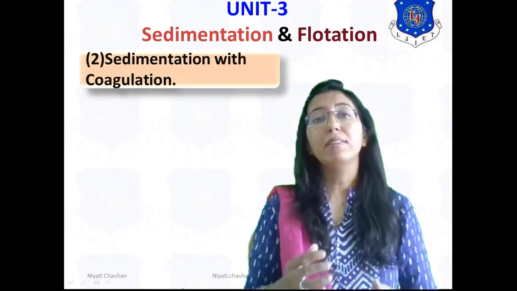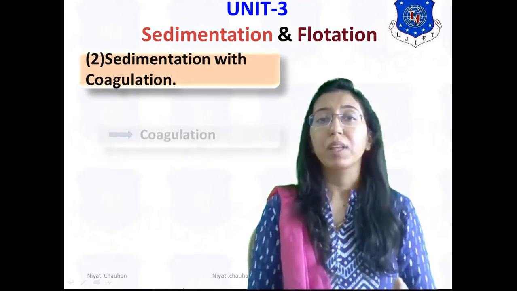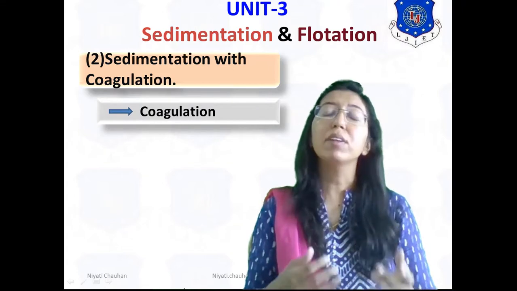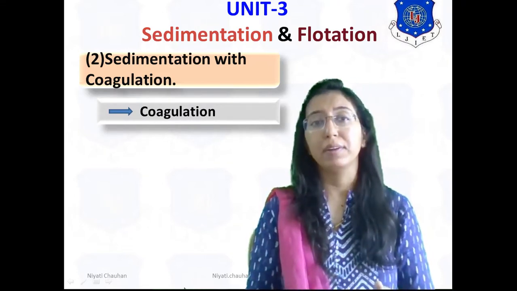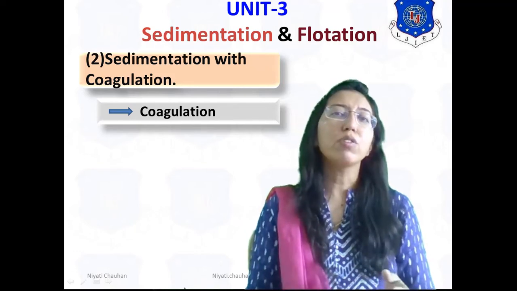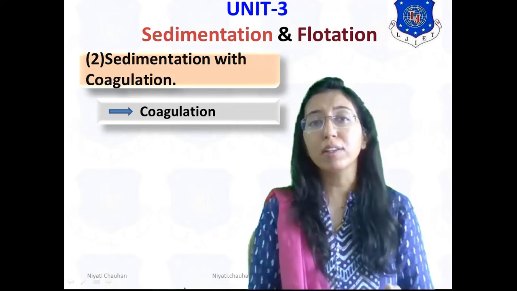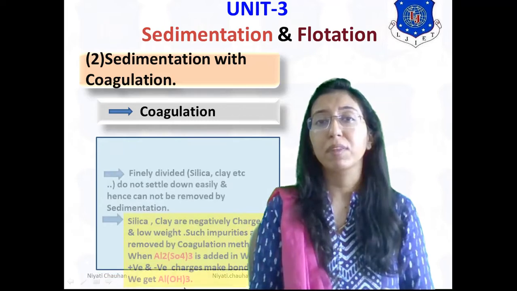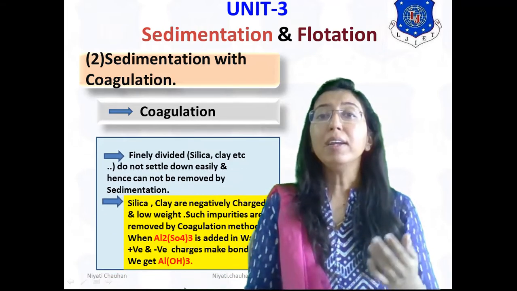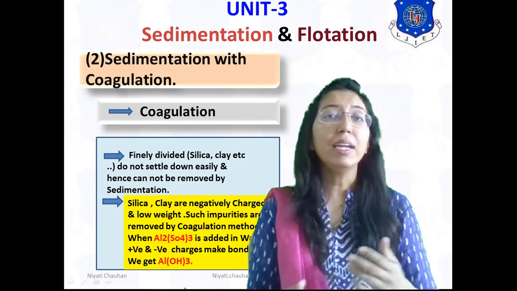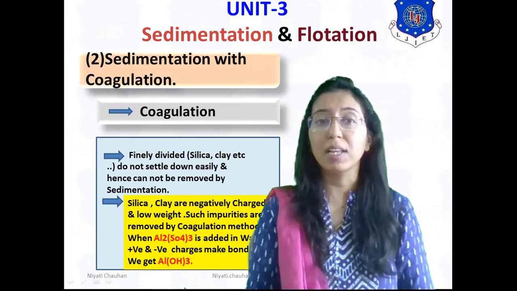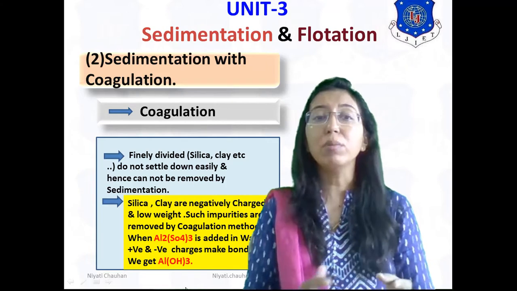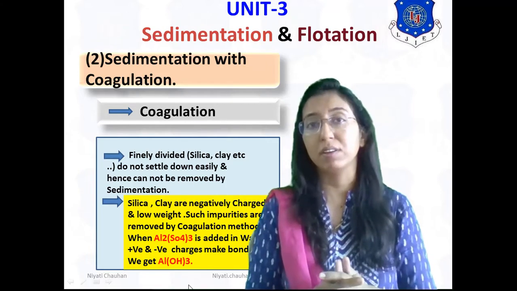Next, sedimentation with coagulation. In sedimentation with coagulation, we have to add a coagulant. First, you have to know what coagulation is. Finely divided particles like silica and clay do not settle down easily and hence cannot be removed by sedimentation.